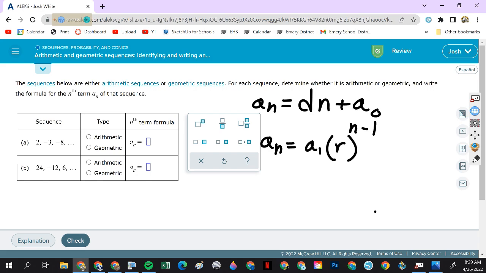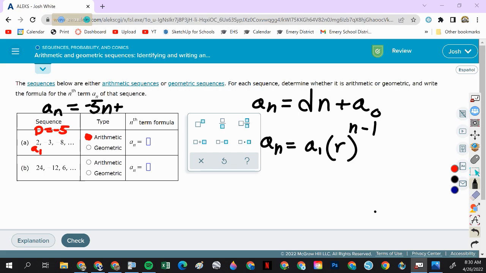The first one of those is arithmetic. What's the pattern? Minus 5. So over here, this is a sub 1, and the common difference is subtract 5. So we say it's arithmetic, and what will the formula be? a sub n is the common difference, negative 5, times n plus what?